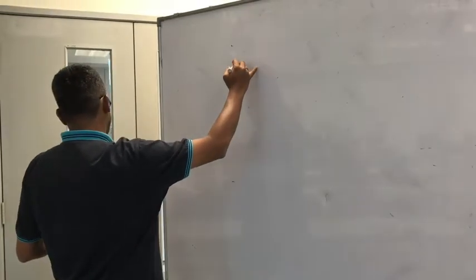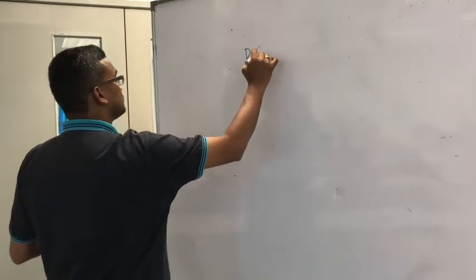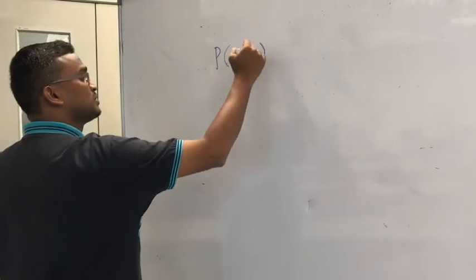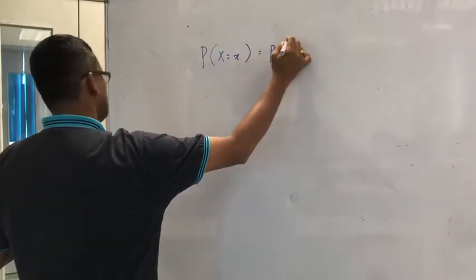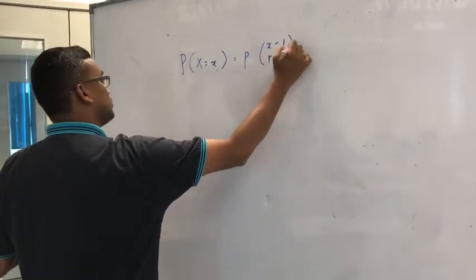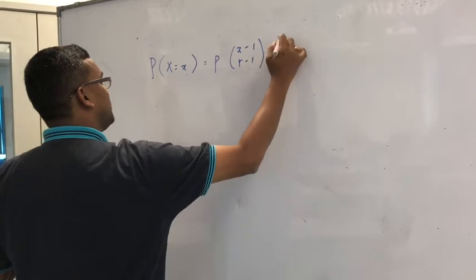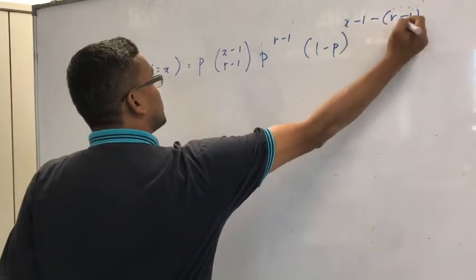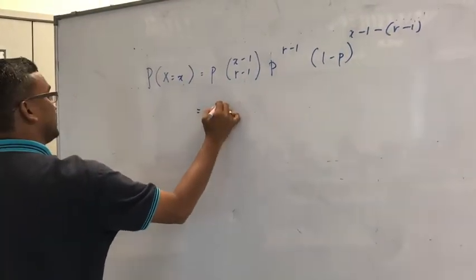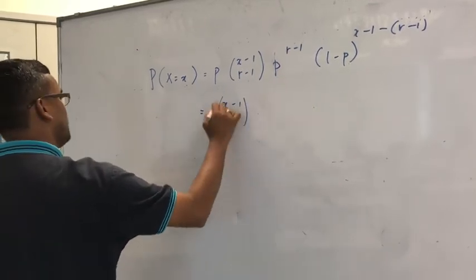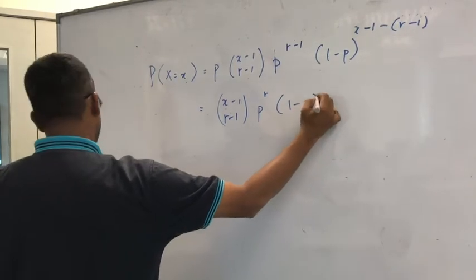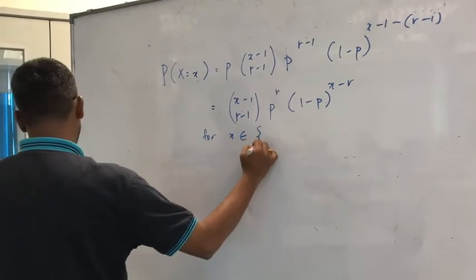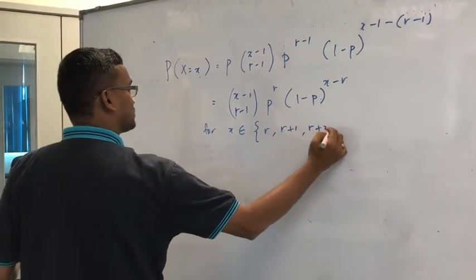Okay, we know that for a negative binomial, P(X = x) equals C(x minus 1, r minus 1) p^r (1 minus p)^(x minus r), for x = r, r plus 1, r plus 2, and so on.